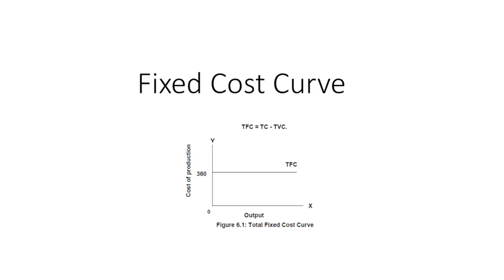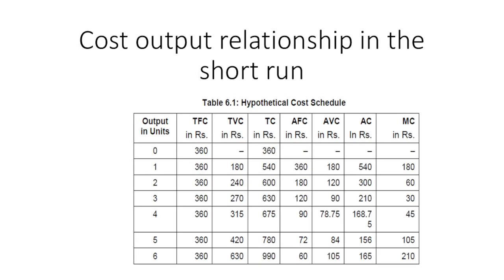Now we will see total variable cost. Total variable cost changes with the level of output. Examples are wages of the hourly workers, raw material, and electricity used in the production, which keep on changing. It may increase or decrease based on the level of output produced.